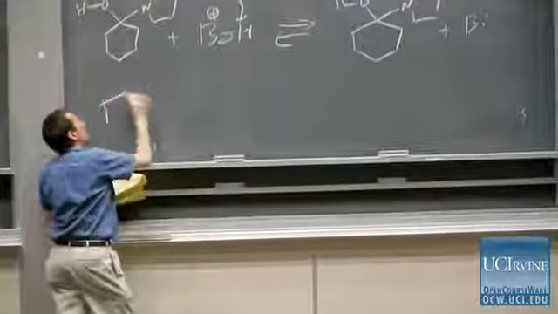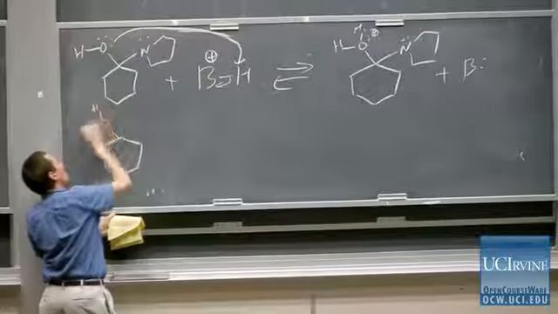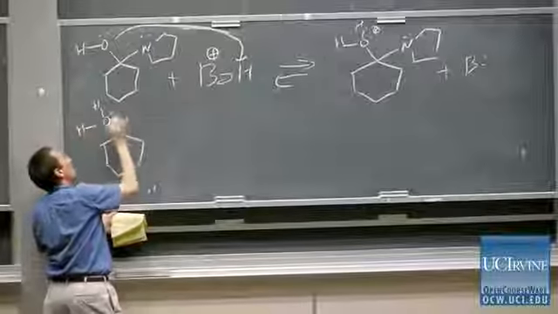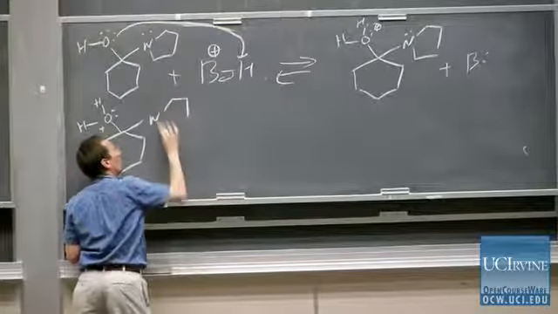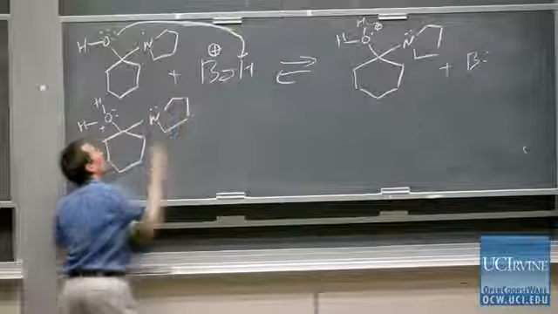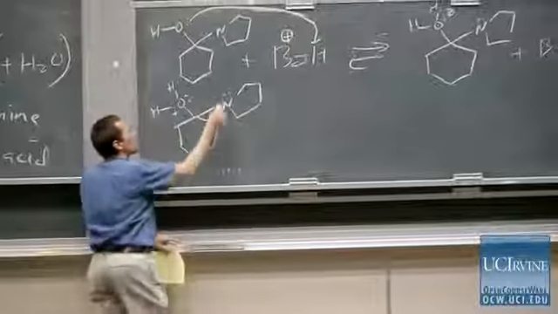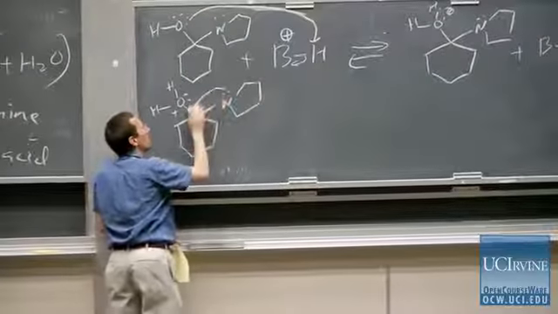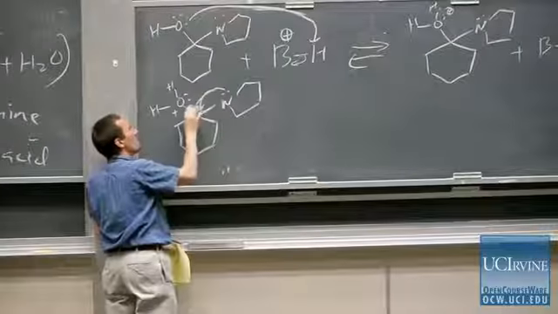All right. So now we come down to the crux of the matter, the breakdown of our protonated hemiaminal. And nitrogen has a lone pair of electrons. It can give a good push. We push electrons in to form a double bond.